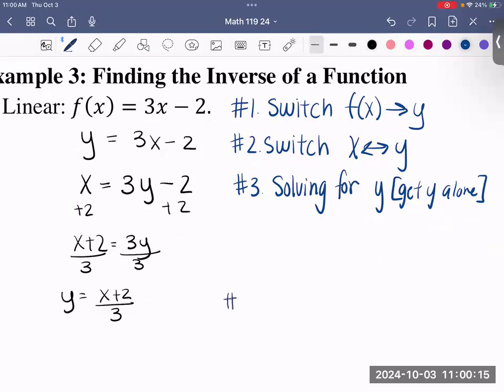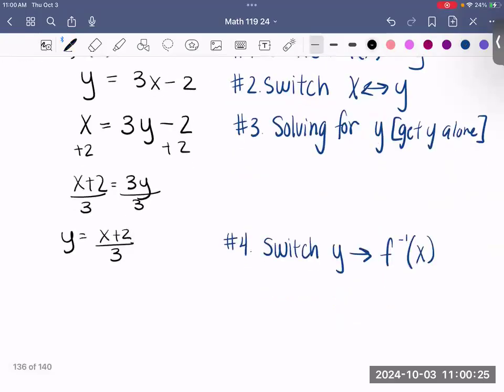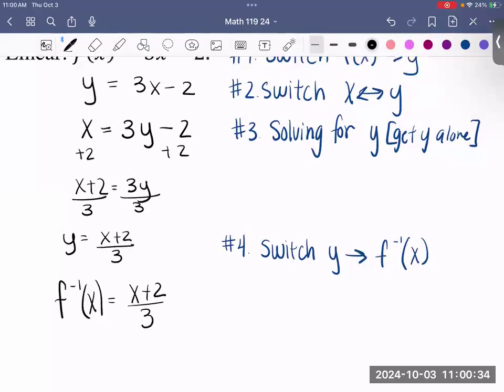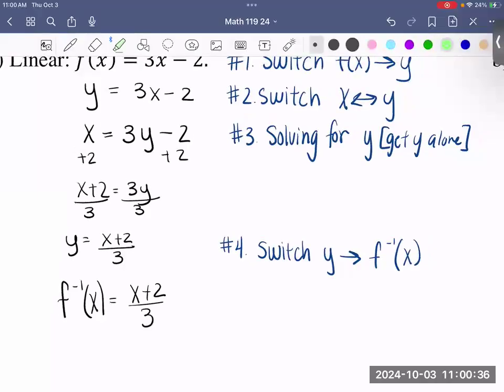So step number 4 is to switch y to f inverse of x. F inverse of x is equal to x plus 2 over 3. This would be your final inverse equation.